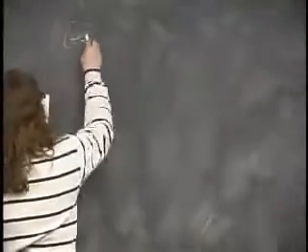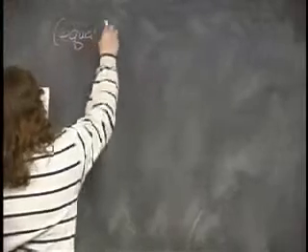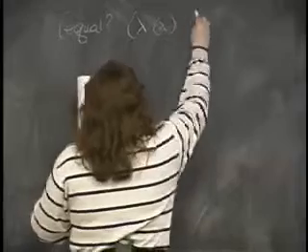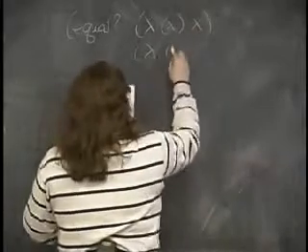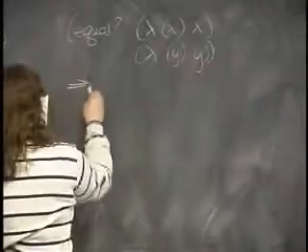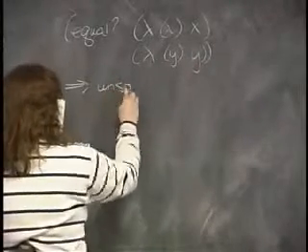It's the lambda of x lambda y. Okay. So it says equal question mark lambda x lambda y, which gives us the ever-popular unspecified.